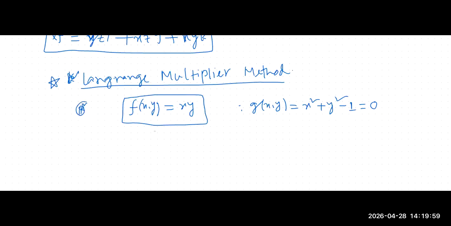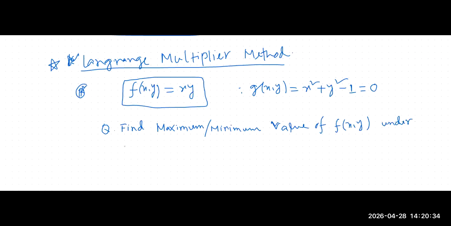In this case, the question is to find the maximum or minimum value of f of x comma y under the constraint g of x comma y, which for this example is x square plus y square minus 1 equal to 0.